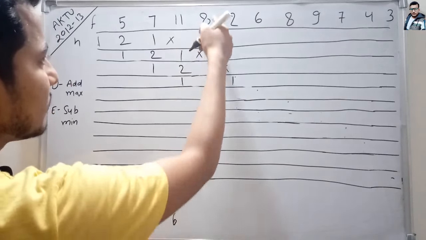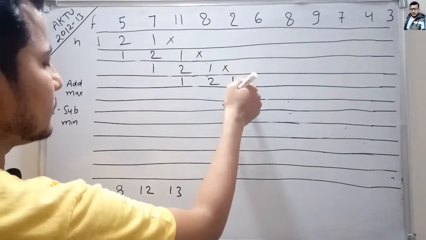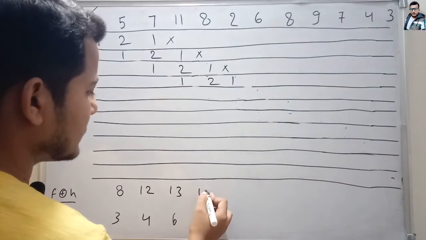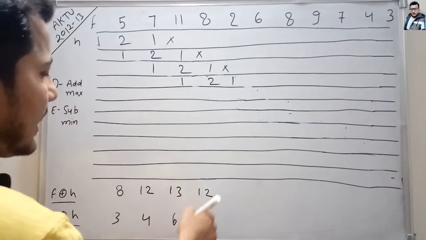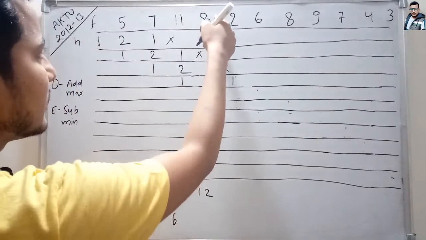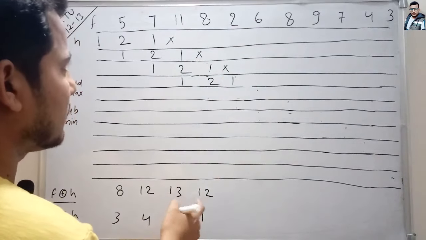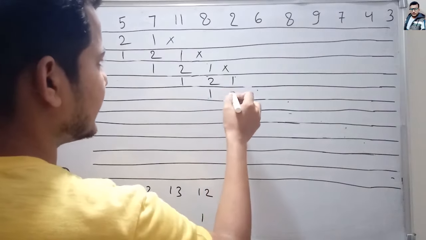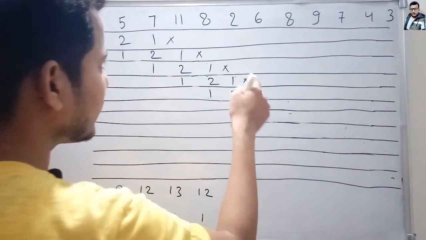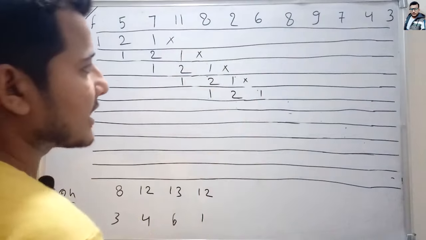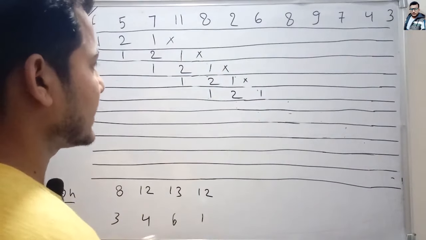Here 12, 10 and 3, so the maximum is 12, and subtracting gives 10, 6 and 1, so 1 is the minimum. Don't write these cut marks in exams, I just use them for explanation.